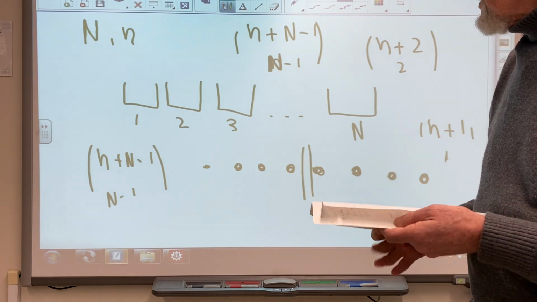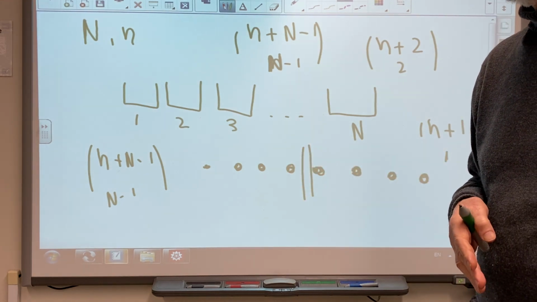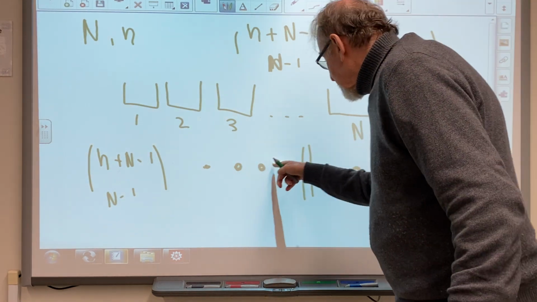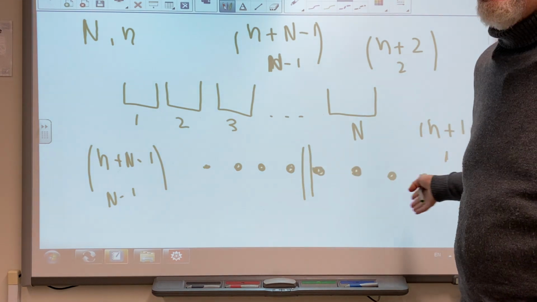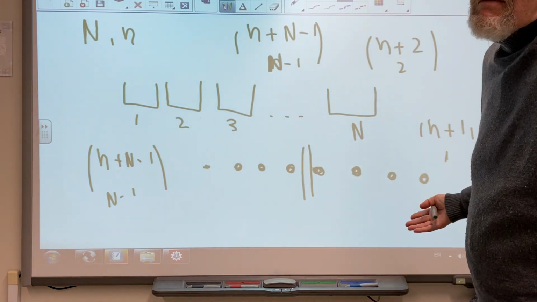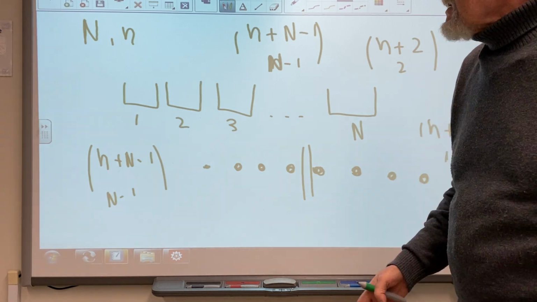You are absolutely correct. And sometimes this is called the stars and bars method, because they put little stars here and little bars, and they count how many ways you can alternate the bars between the stars. That's what you see in a textbook of probability.